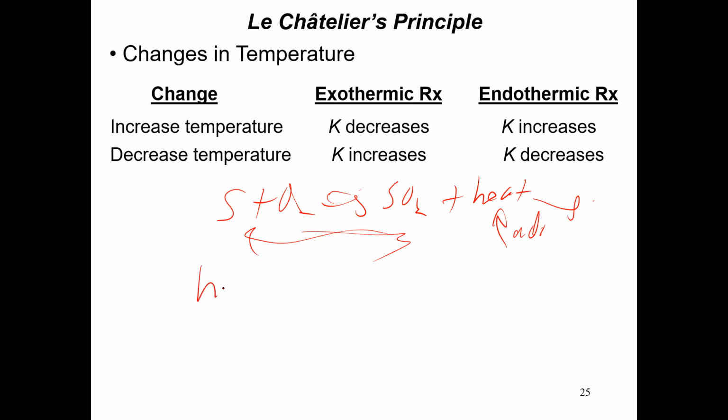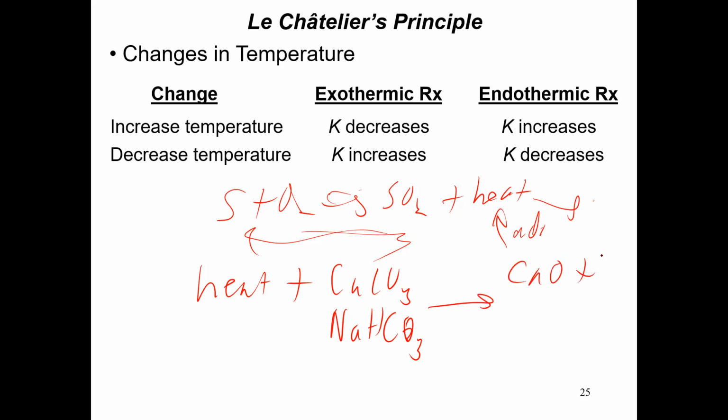For example, if you have heat plus calcium carbonate, or even sodium bicarbonate, baking soda, you add heat and it goes to calcium oxide plus CO2, or sodium hydroxide plus CO2.